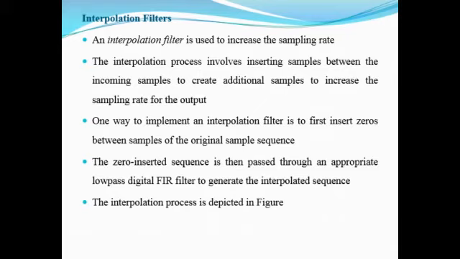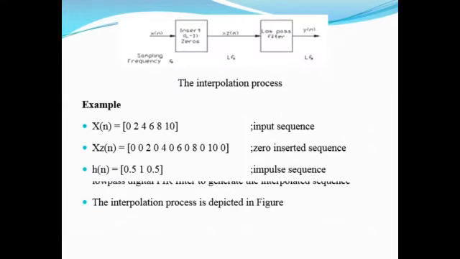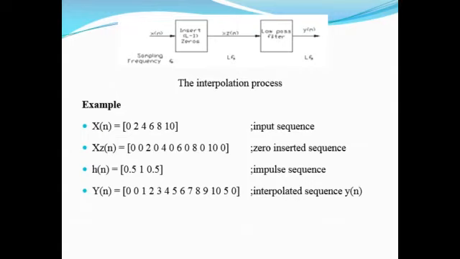The zero-inserted sequence is then passed through the appropriate low pass filter, which generates the interpolated sequence. Now diagrammatically we want to represent it. This is the interpolation process, which depends mainly on the interpolation factor.